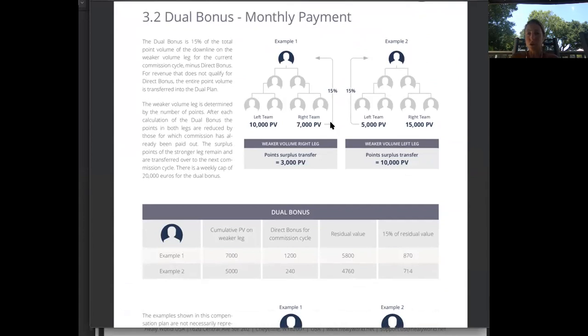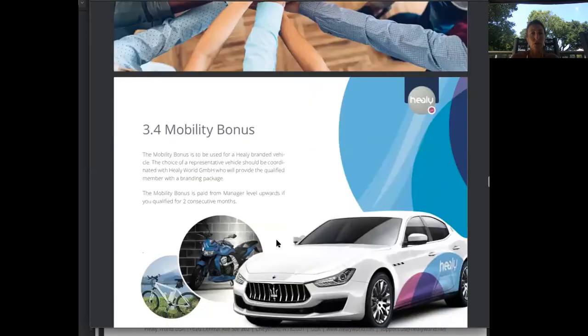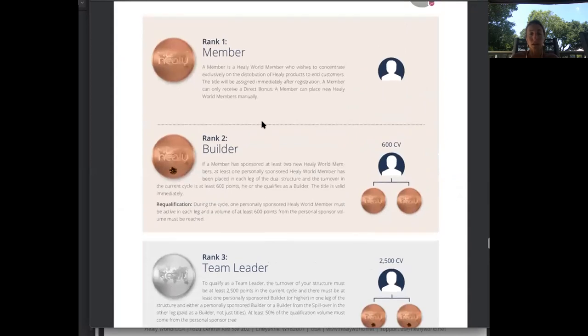Again, in order to qualify for the dual bonus, you need to be active, just like you did with the direct bonus, but there's one more qualification for the dual bonus. And we are going to scroll down right now so you can understand that first. If you scroll down to the ranks section, you will see that there are different ranks that you can achieve within Healy.